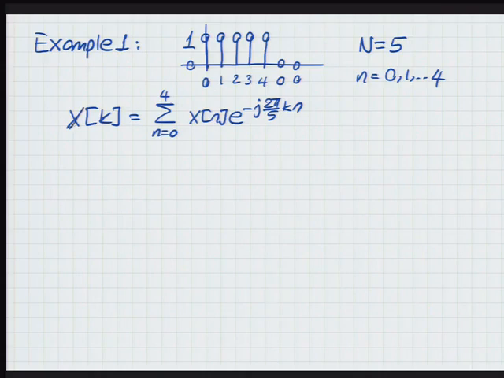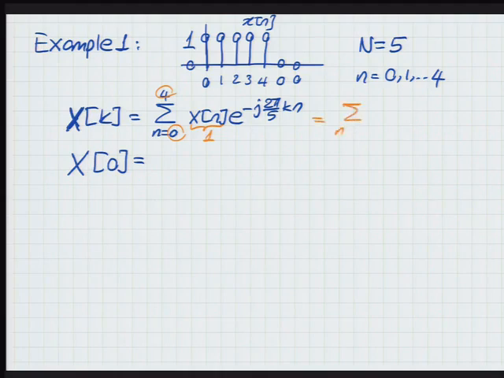This is capital X, let's not confuse it with the little x. So what is capital X of 0? Well, k is equal to 0. For any k, x of n is always 1 in the interval from 0 to 4, so we don't have to worry about that. We're really adding e^(-j2π/5 kn) from 0 to 4. But if k is equal to 0, all of them are 1s, and I have 5 ones that I'm adding, so it's just 5.